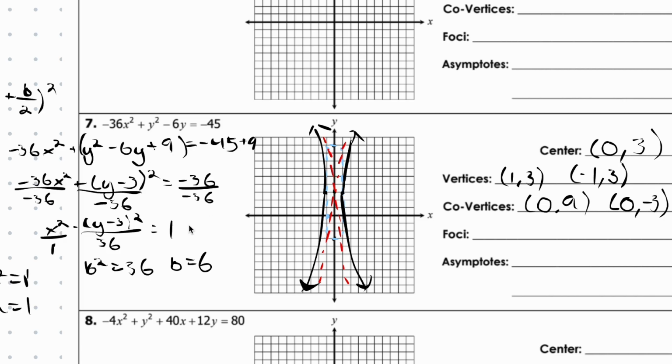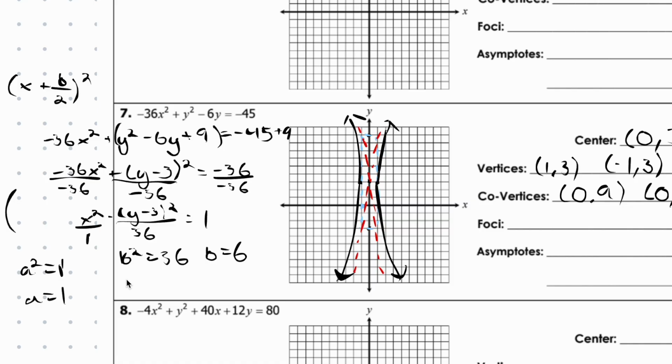Our foci, we're going to use c squared equals a squared plus b squared. C squared equals 1 plus 36. So C is going to equal root 37, right? So it's just going to be a little bit more than 6. And that means we're going to go in the x direction.